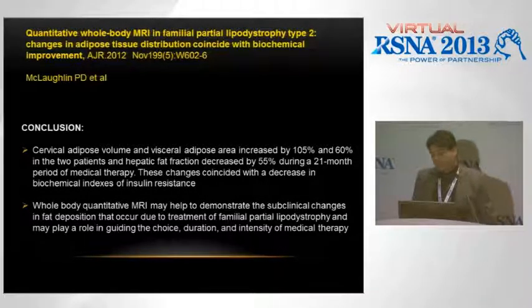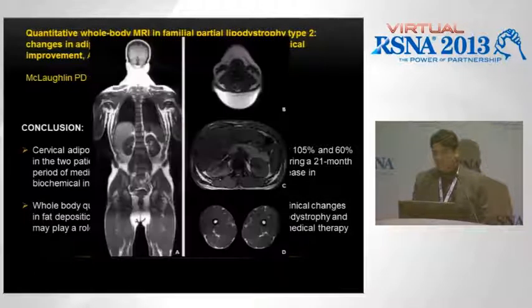And it certainly did help demonstrate the subclinical changes of fat deposition in these familial partial lipodystrophy patients. This is something we've just started to do, and we've done it on 1 patient so far, and it clearly looks like it's beneficial in commenting on the response to treatment in this subset of patients.